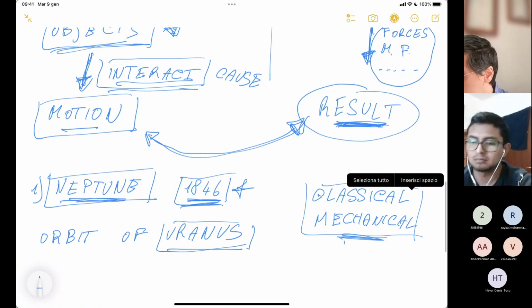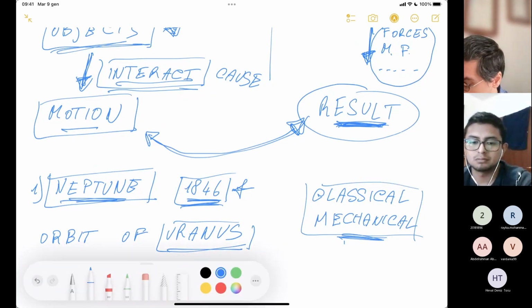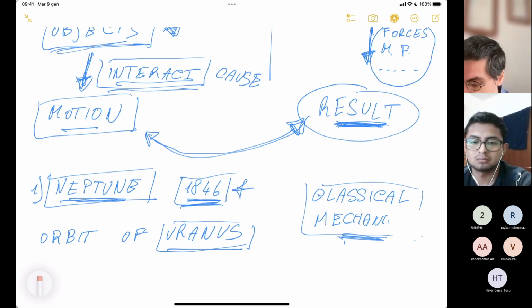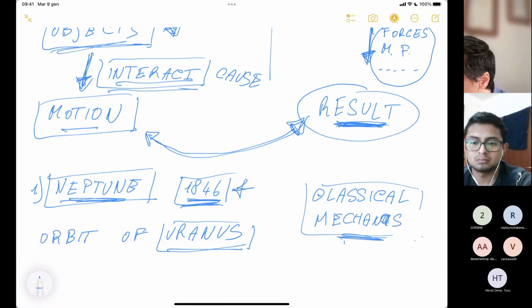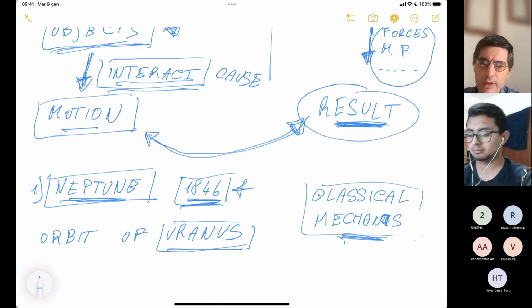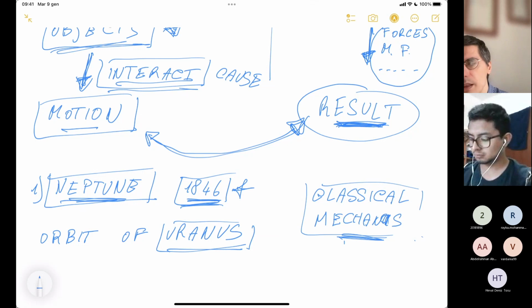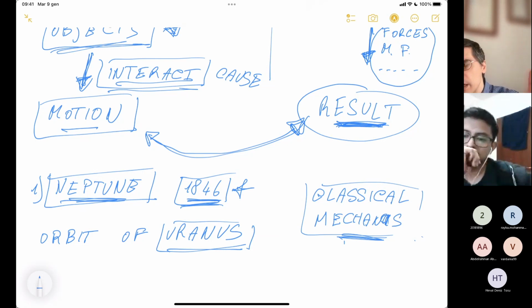The classical mechanics is wrong. Wrong in the sense that the hypotheses that you made for building the classical mechanics, in this case, are not satisfied.